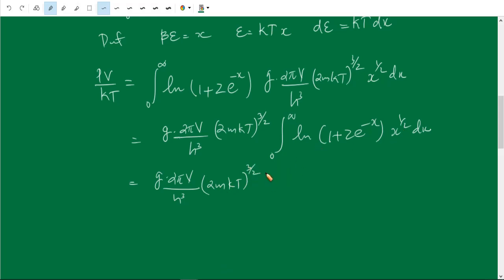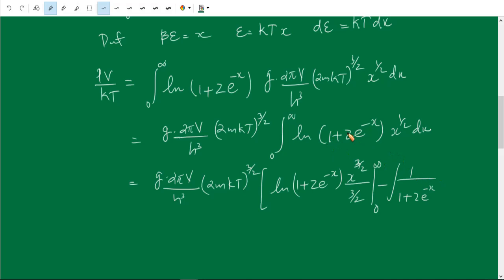So this will be log(1 + z e^(-x)) times the integral of the second term, x^(1/2) giving x^(3/2) divided by 3/2, from 0 to infinity, minus the integral of the differential of the first term, which will be 1 divided by (1 + z e^(-x)) into the differential of this bracket.